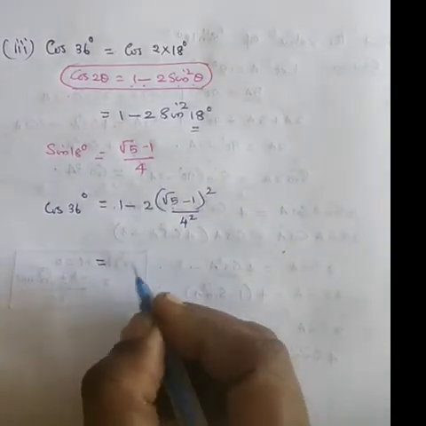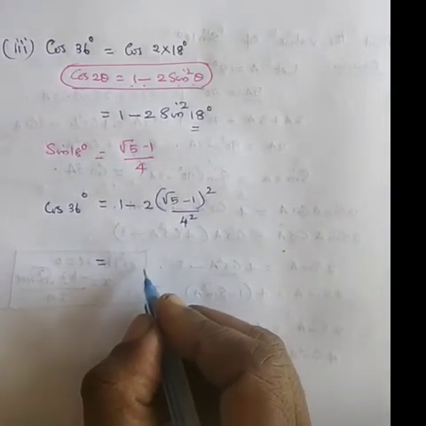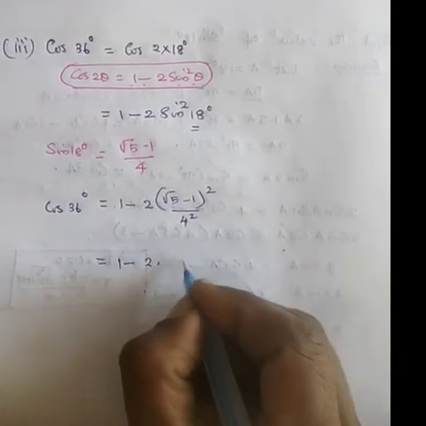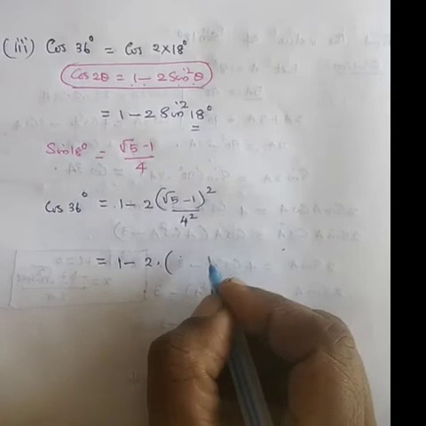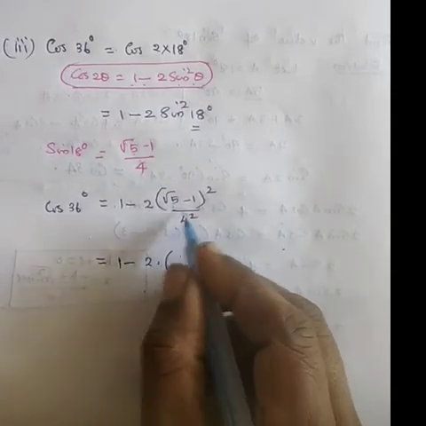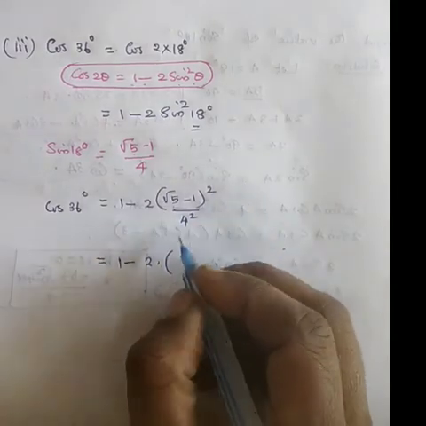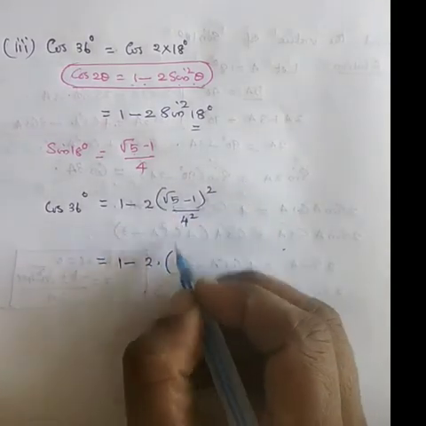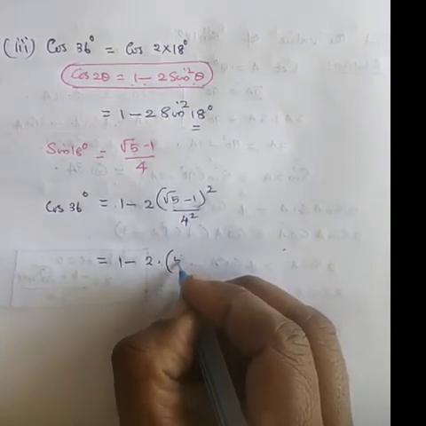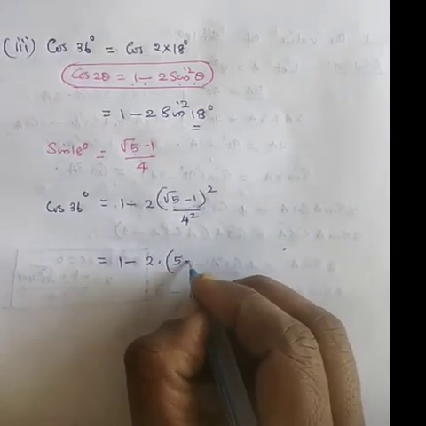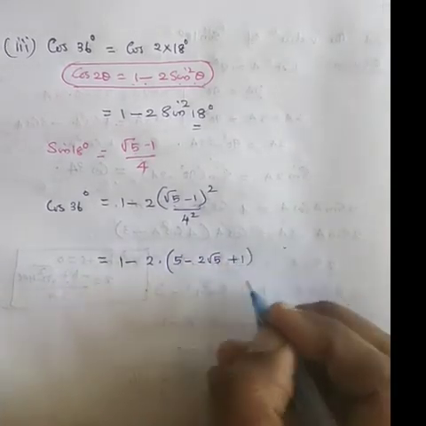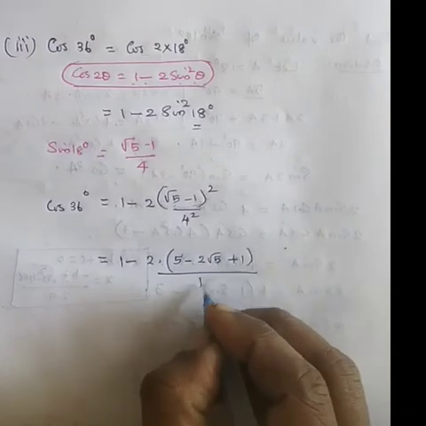So it's equal to 1 minus 2 into root 5 minus 1 the whole square, which is of the form a minus b the whole square. We can expand this: root 5 minus 1 the whole square is a square minus 2ab plus b square, which is 5 minus 2 root 5 plus 1, divided by 4 square, that is 16.